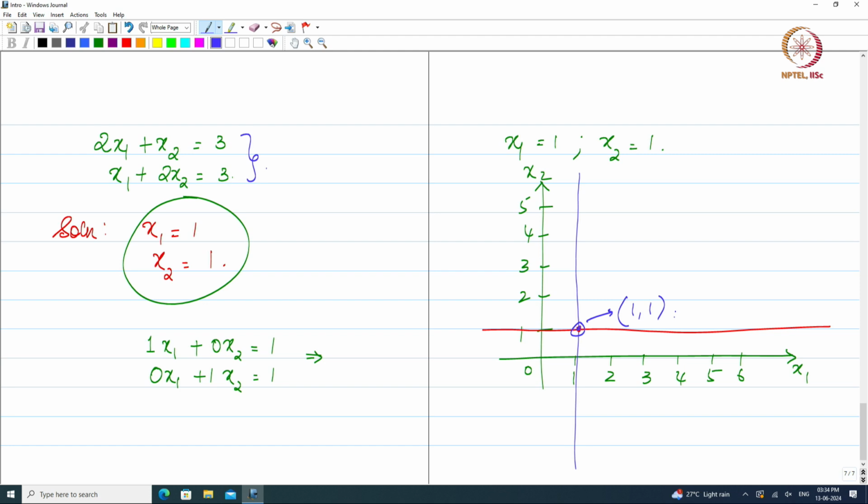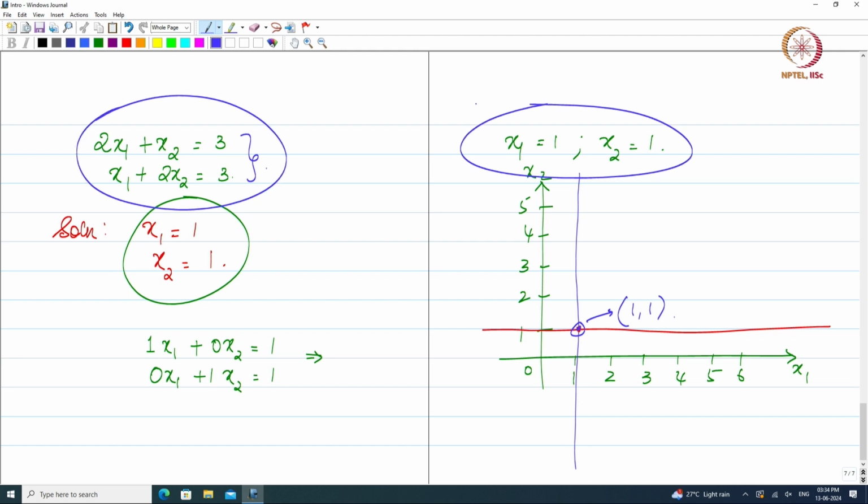Now what is the difference between this system of equations and the solution that we have? If you look at both pairs of equations, the solution is x1 is equal to 1, x2 is equal to 1, but what is the difference in the structure of these equations? That is something we need to look into.